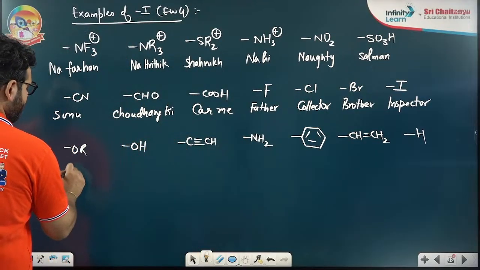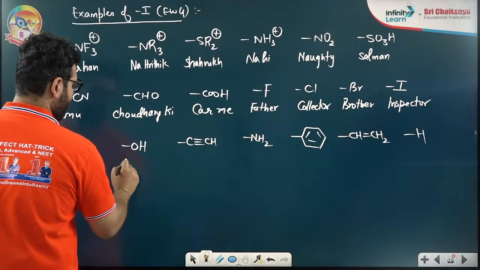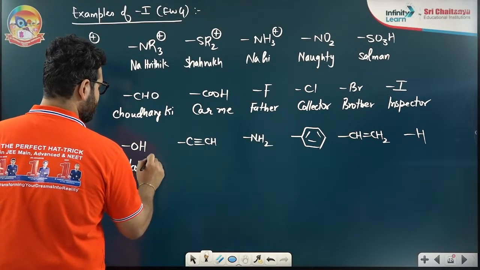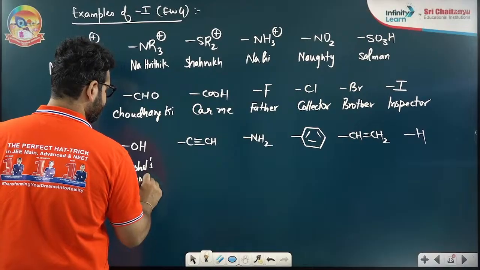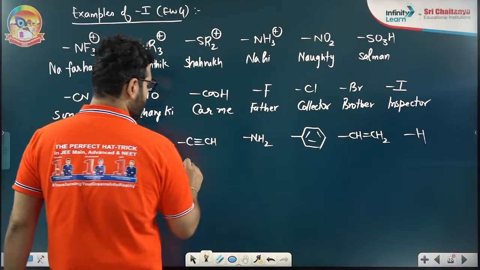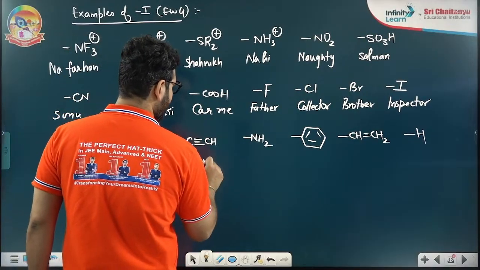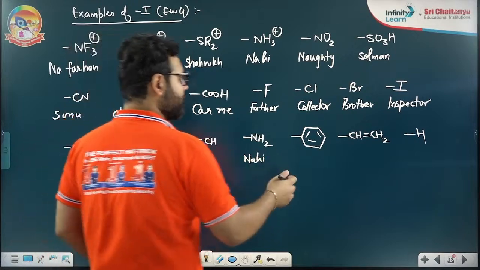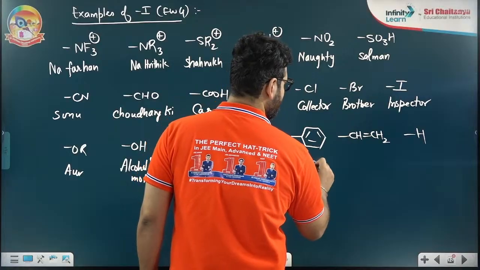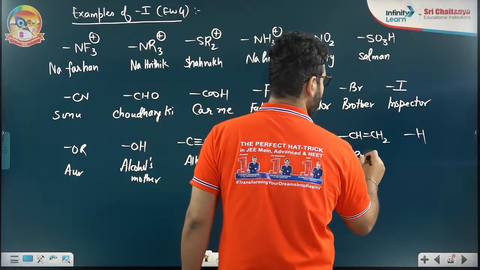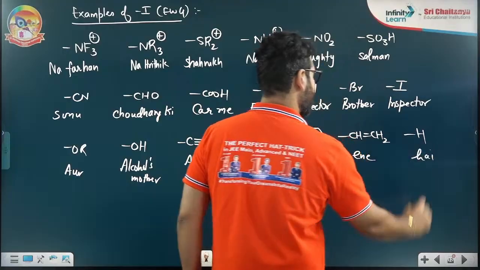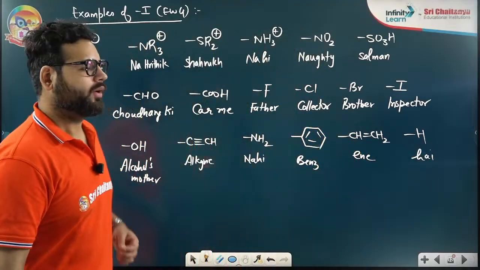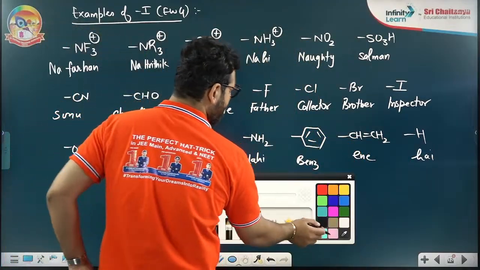Or alcohol's mother alkyne nahi. Alkyne is not the mother, but benzene is the mother. So we'll say benzene hai. Okay, so this is the decreasing order, beta.